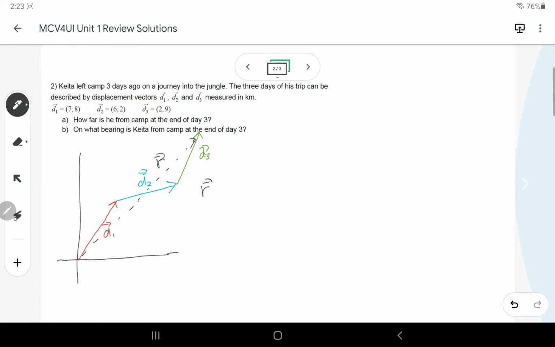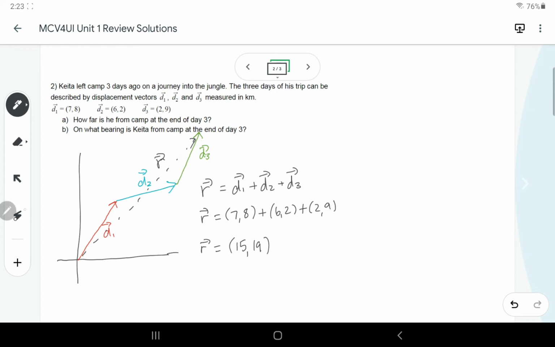So my resultant is D1 plus D2 plus D3, that would be 7, 8 plus 6, 2 plus 2, 9. So the resultant ends up being 15 in the east direction and 19 kilometers north.